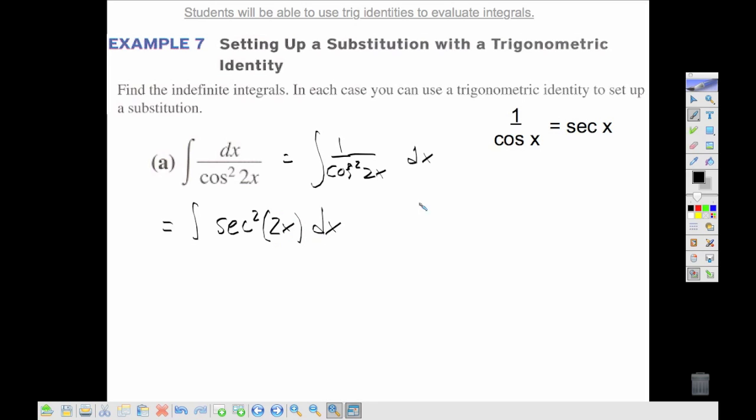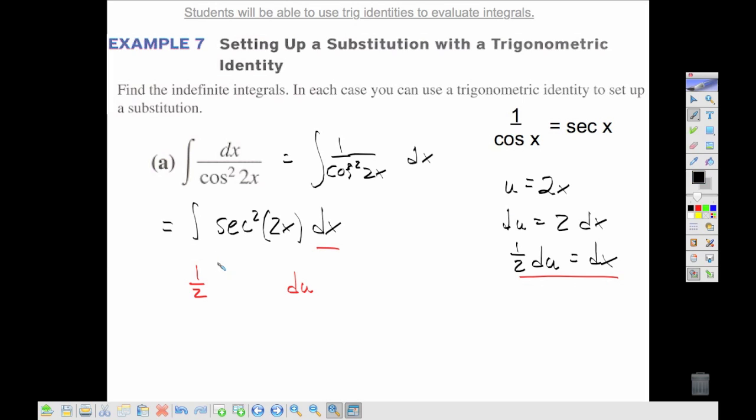Then if we're looking for a function inside, notice that this 2x is inside of secant squared. And so let's let our u be equal to that 2x. Using that, we would get du is equal to 2 dx. We have the dx, we don't have the 2, so let's use 1/2 of du being equal to dx. So using that for my substitution, we'll have 1/2 du.